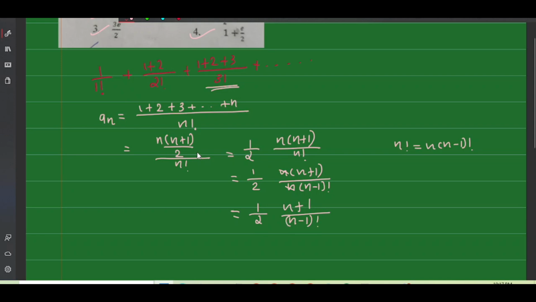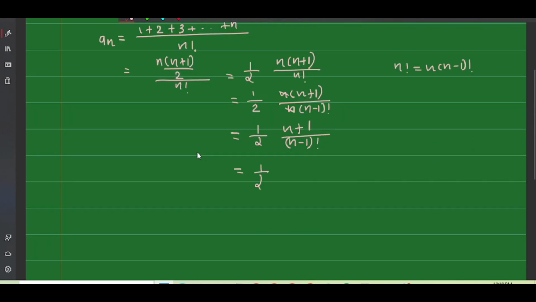Consider the numerator of this term. Here I am subtracting 1 from this expression, then adding 1. Then the net change will be 0, minus 1 plus 1 equal to 0.